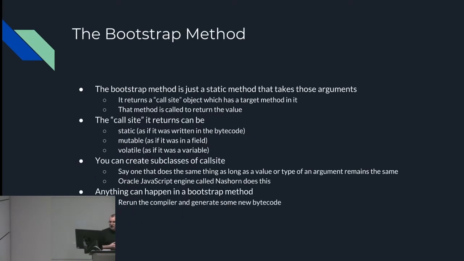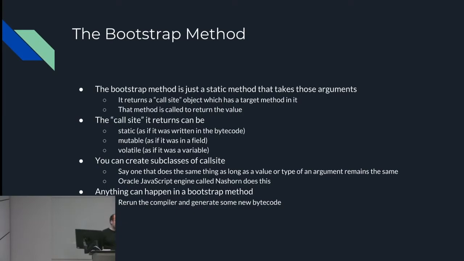So that is what the Bootstrap method does. It gets a mirror to the caller. It gets told what the call site type is, what the thing is expecting, and then it basically says, return to me the new bytecode you would like me to put in that place. So you create a call site object. There are 3 different kinds.